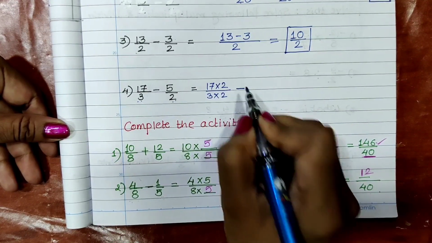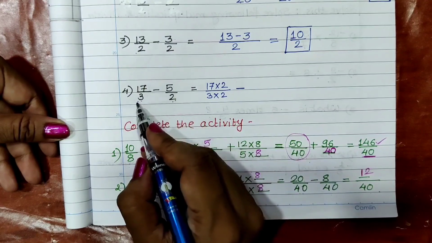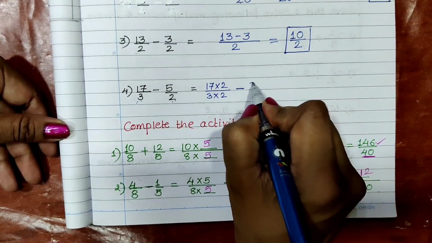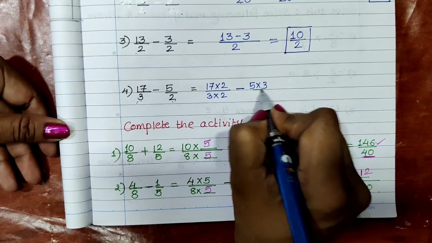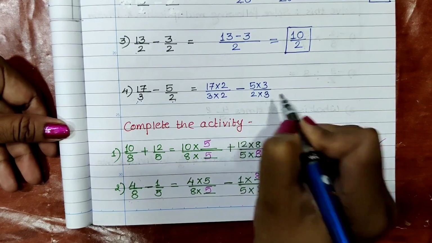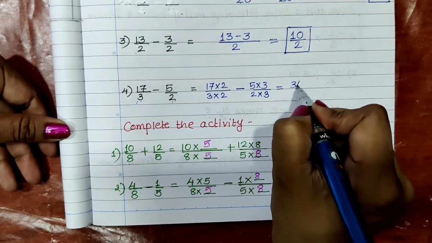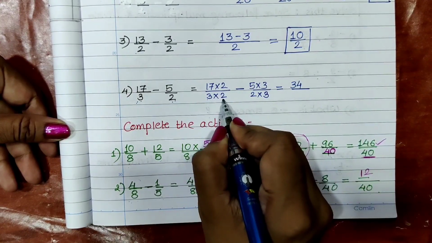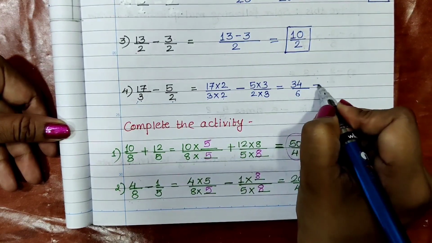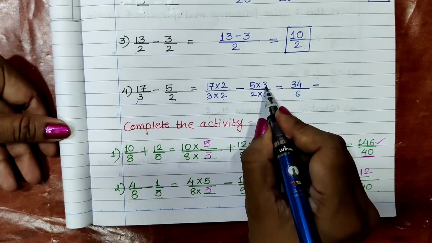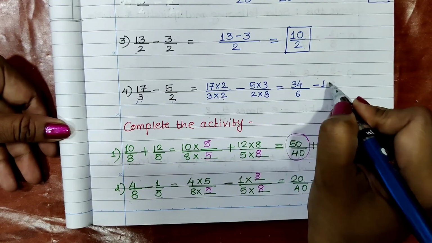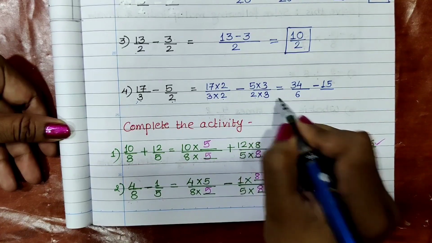Then the minus sign is there, we multiply the second fraction by the denominator of the first. So 5 multiply by 3 and 2 multiply by 3. Now write the answers of this multiplication. 17 2s are 34, 3 2s are 6. Minus sign is there, put the minus sign. 5 3s are 15, 2 3s are 6.